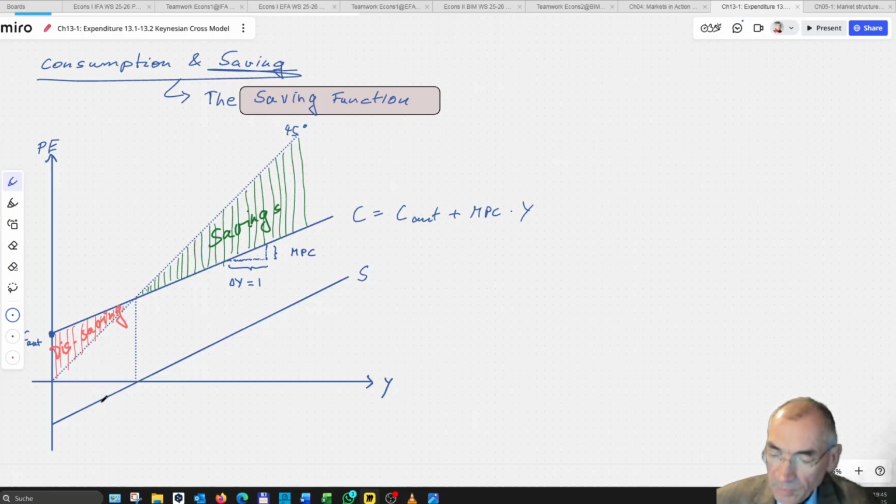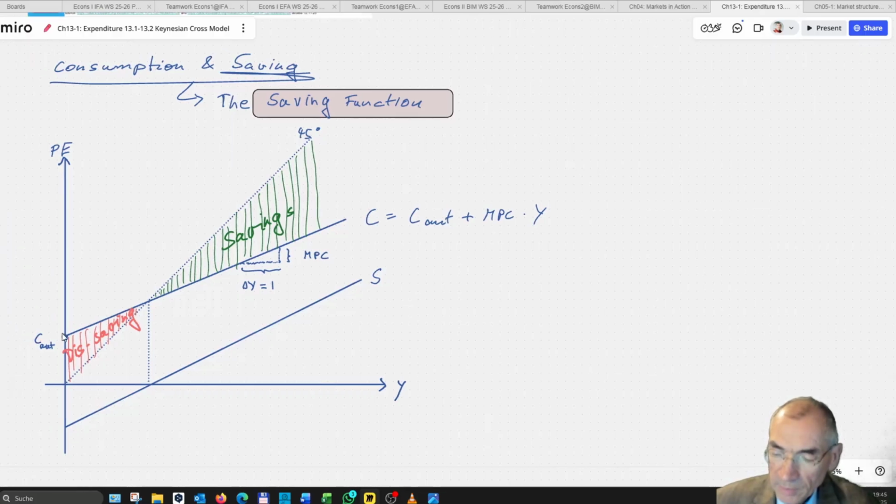Before, the savings are negative and then they are positive. And when we think about where the savings start, then it's exactly the same amount, C-autonomous, but on the negative side. So the saving function is minus C-autonomous plus, and now we need the slope.